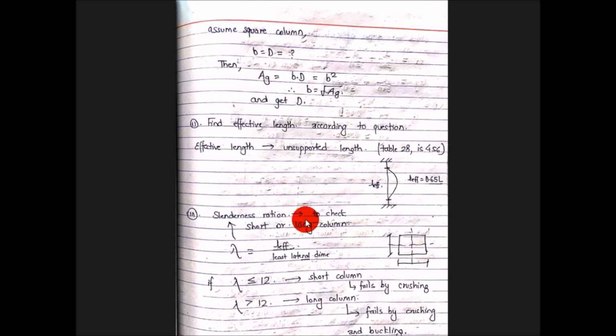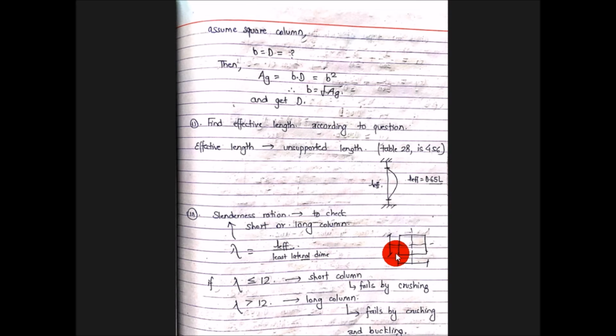The third step is slenderness ratio. Slenderness ratio is required to check whether the column is short or long. Slenderness ratio lambda is equal to L effective by least lateral dimension. So what is the least lateral dimension here? Let us draw a column.